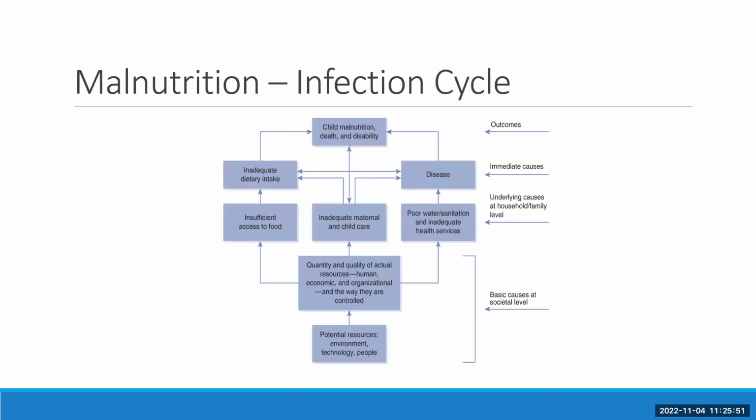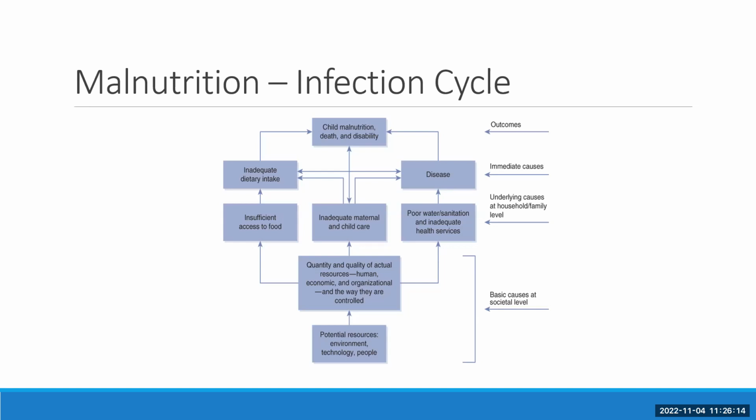So this is the graph that we looked at to understand some of the determinants of malnutrition for children. But I think the most important thing to take away for our exam is this link between infectious disease and chronic malnutrition.